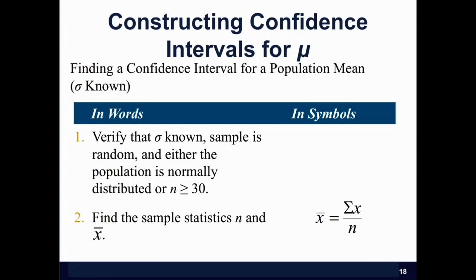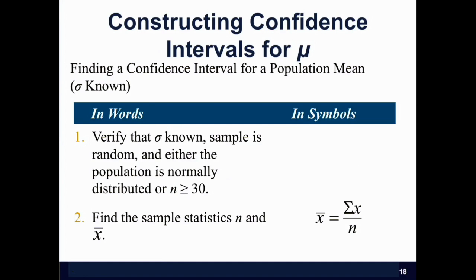Okay, now a review of the process. When we want to find a confidence interval for a population mean with sigma known, we need to do the following. First, we need to verify that sigma is known. We need to verify that the sample is random, and we need to either see that the population is normally distributed or the sample size is large enough so that we can guarantee by the central limit theorem that the distribution of the sample means is approximated by a normal distribution.